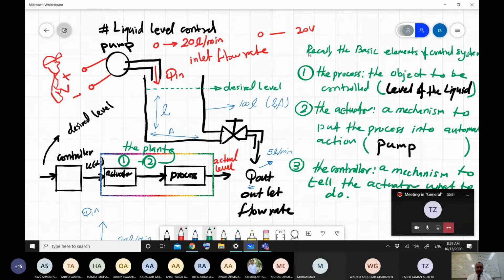If I have 0 volt, the flow rate from the pump will be 0. If I have 20 volt, then the flow rate from the pump is 20 liter per minute. Fair enough? And this is a linear scale, because I'm too old to use a non-linear scale.